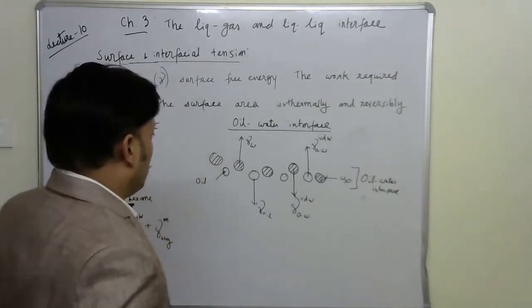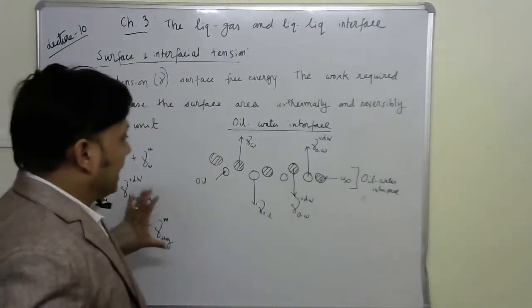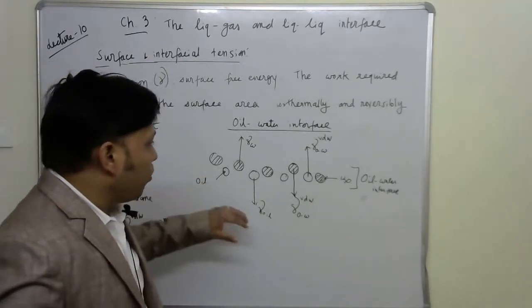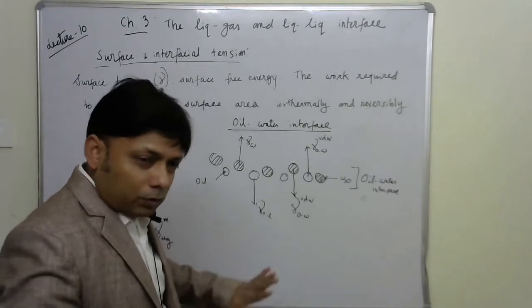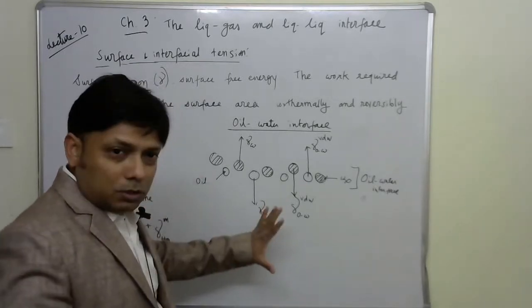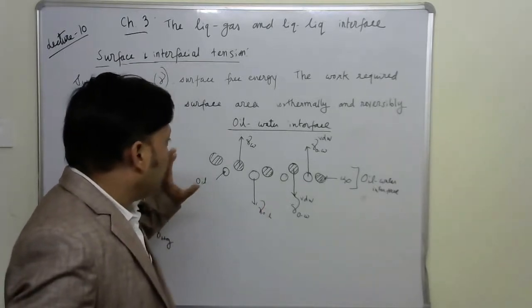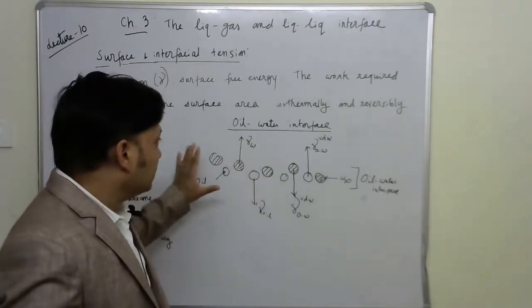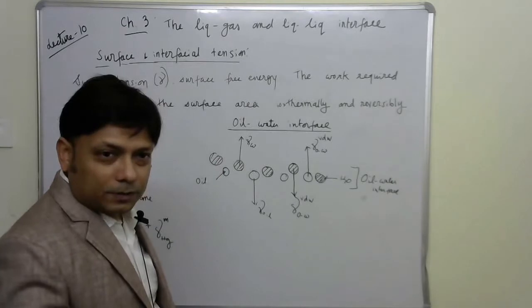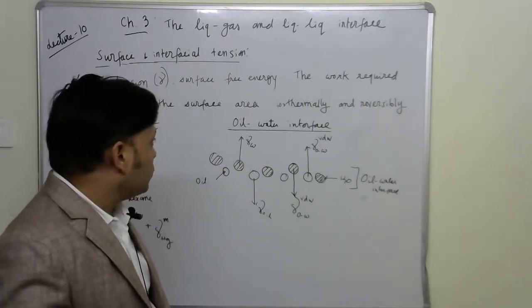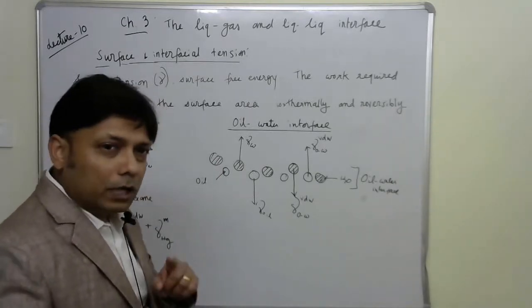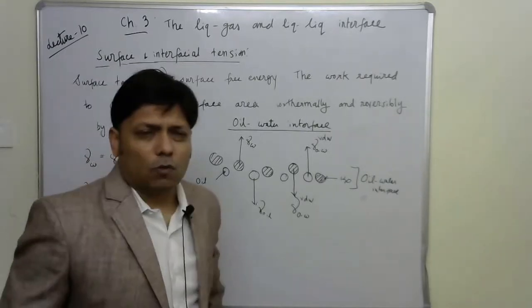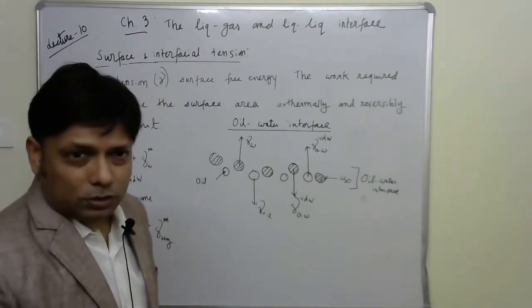So how can we summarize the net forces? From a physical or mathematical point of view, we cannot deduce any physical formula for the net gamma oil water interface, but we have to take the help of an empirical formula, and the empirical formula was given by Fowkes.